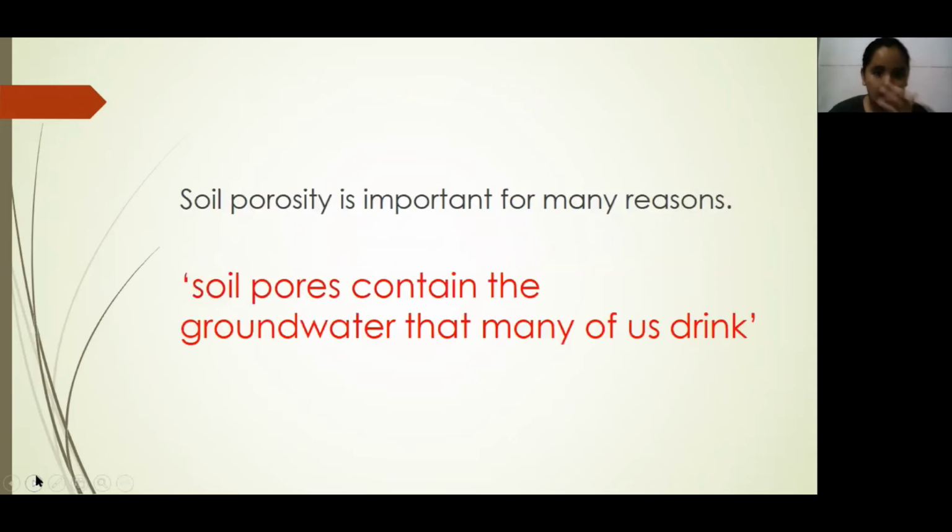Next, soil porosity is important for many reasons. The most important one is that it contains the groundwater that many of us drink. Another important aspect of soil porosity concerns the oxygen found within these pore spaces.